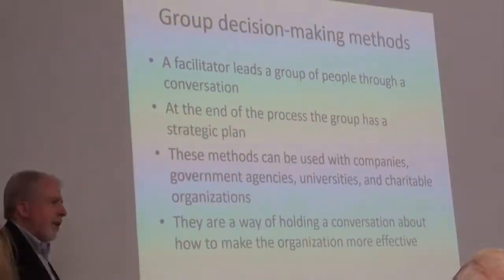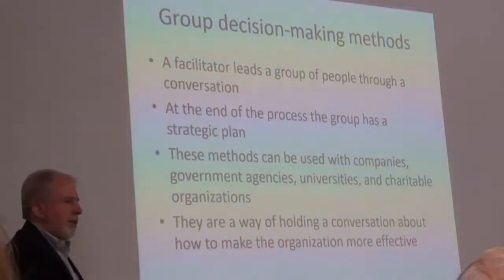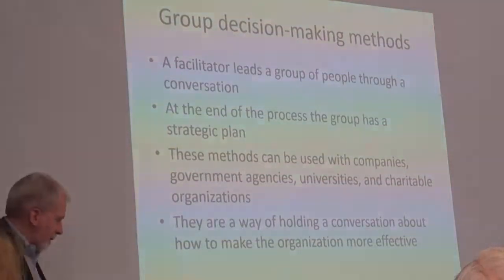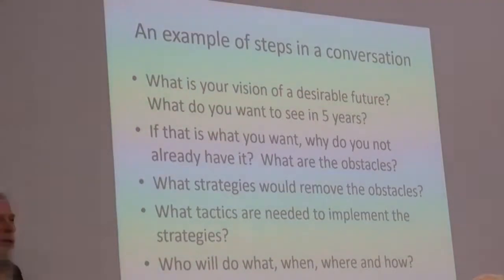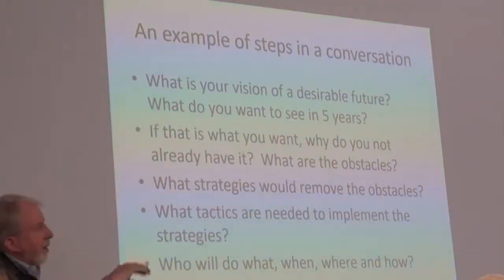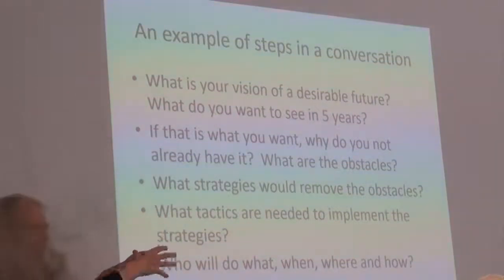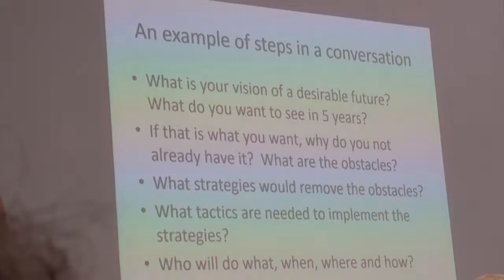An example of group decision-making is that a facilitator leads a group of people through a process. For example, you could ask the first question, what do you want to see happening in your organization in the next 5 years? People write these things down on cards, put them up on the board, cluster them, talk about them, and then say, okay, if that's what you want, why don't you already have it?